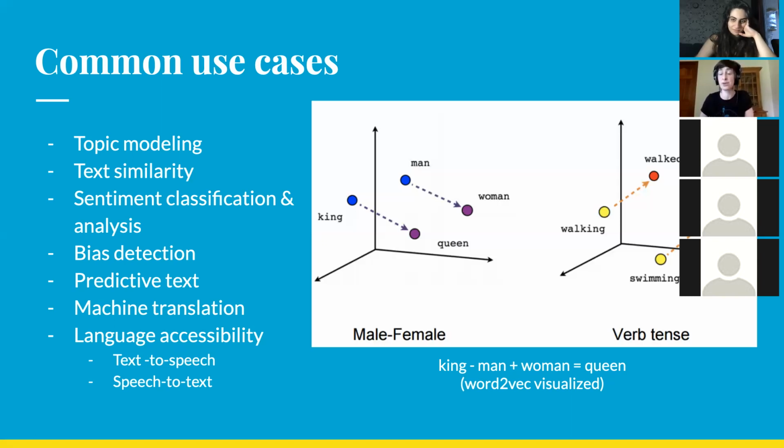Predictive text. You probably have noticed that Google, especially if you're using Gmail, will start to write your emails for you. That is absolutely predictive text. Google at this point is using transformer models, but back in the day, they were playing around with just some basic n-grams to see whether they could figure out how to make predictions.